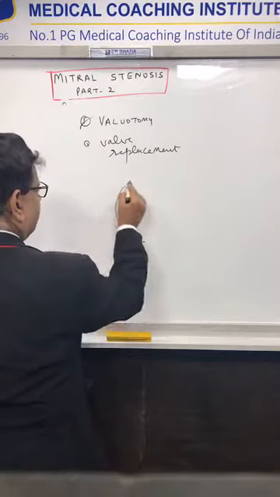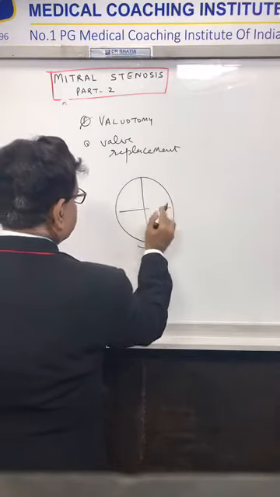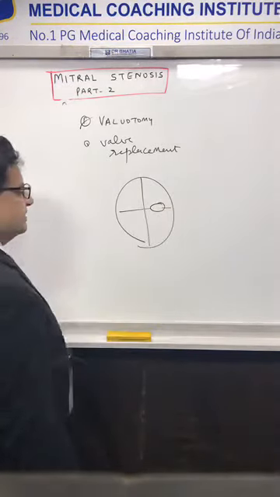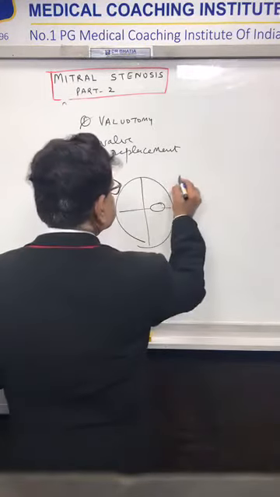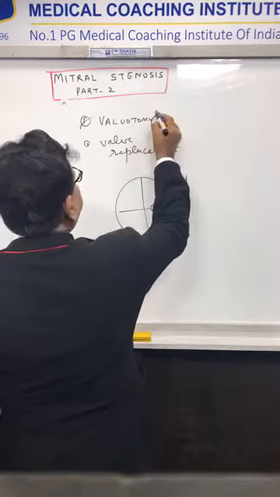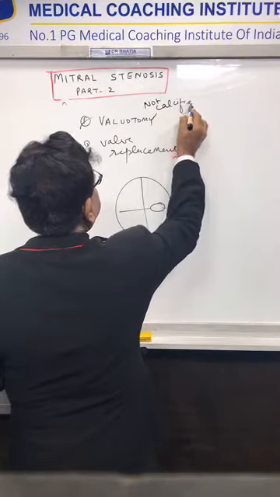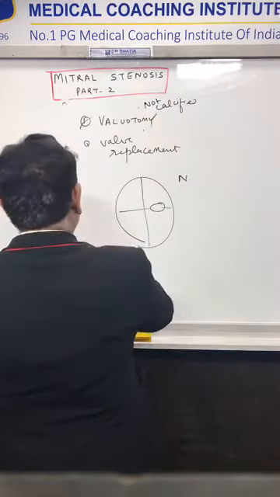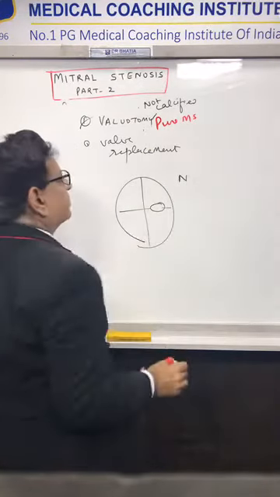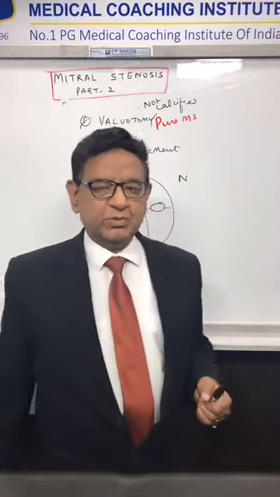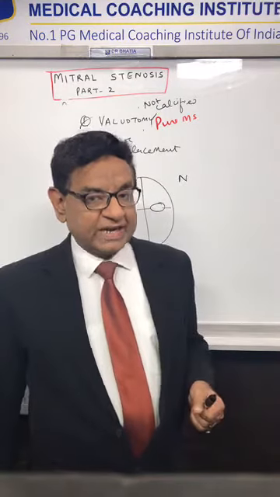So first we learn the basic concept about valvotomy. What is valvotomy and how is it done? So here is the mitral valve, and the valve is not calcified. Well, what we do, if the valve is not calcified, and number two, there is only pure MS, there is no MR. Pure MS means there is no MR, only MS is there, and the valve is not calcified.